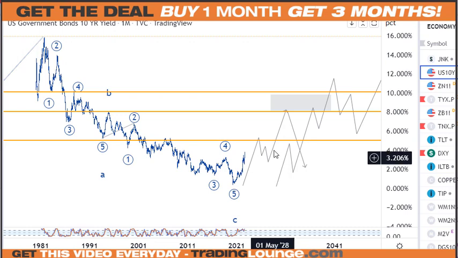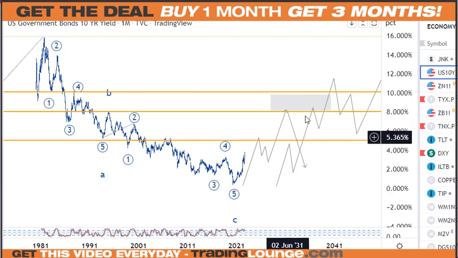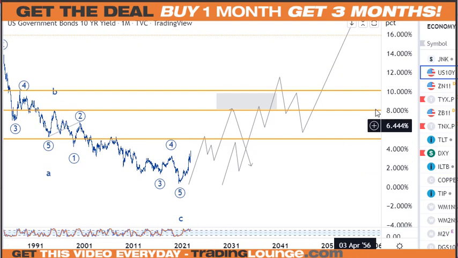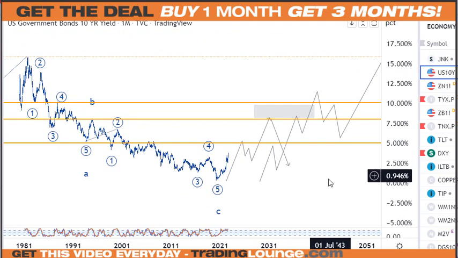They'll never tell you that we go here. That's a good thing about Elliott. But if we get 5 here, we're going to get another 5 over here. And I think that's really important for people who've got mortgages and things like that. It just shows where the real world is going to be at that point. So, yeah, but I just find this larger 5-wave move here very scary indeed. But who knows? Maybe I'm just fearful over nothing. Anyway, that's that.